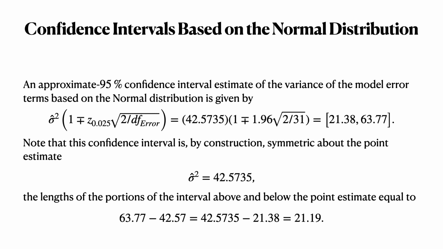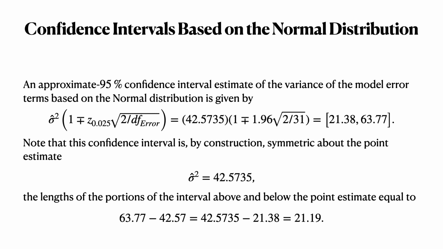The lower endpoint is given by the point estimator, sigma hat squared, times the quantity, 1 minus z sub 0.025, 1.96, times the square root of 2 over the error degrees of freedom, which are 31, and that gives a lower endpoint of 21.38. The upper endpoint of the interval is given by sigma hat squared times the quantity, 1 plus 1.96 times the square root of 2 over 31, which gives 63.77.